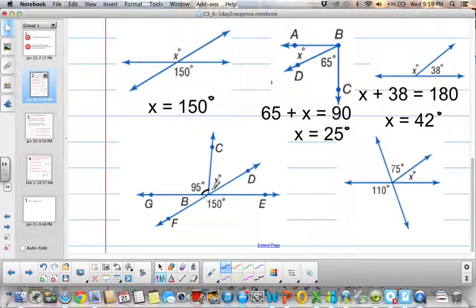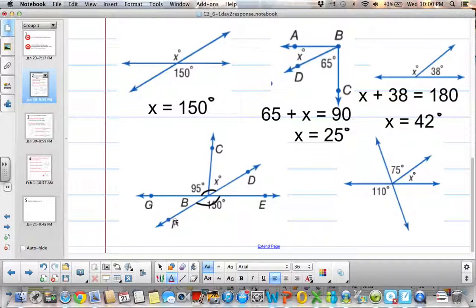Because this angle is vertical to this angle. That angle is vertical to that angle. So now we know that 95 plus x equals 150. Because this whole angle has to equal 150.